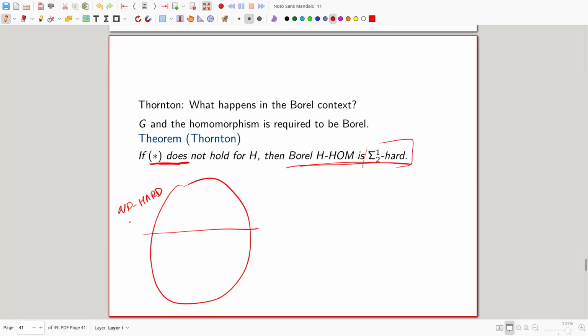Of course, NP and P could be the same, but let me just pretend that they are not for the sake of the picture. So for these ones, star fails, and for these ones, star holds, and they are polynomial time solvable. Okay, so this is in the finite world, and then what Thornton proved is that if we look at this blob in the Borel context, then all these guys here are sigma 1 2 hard.